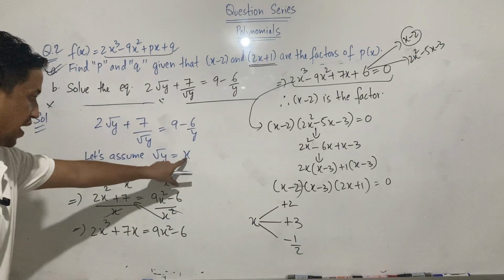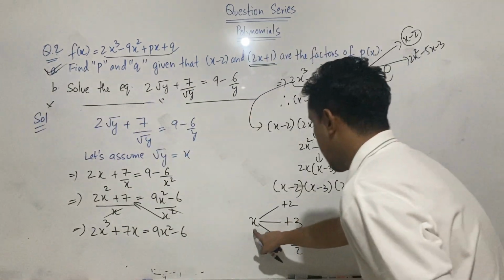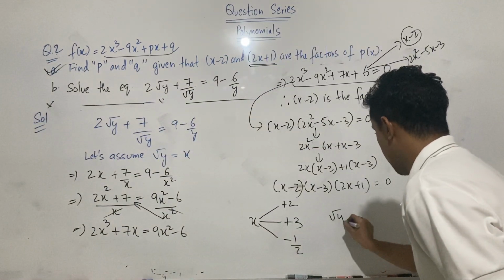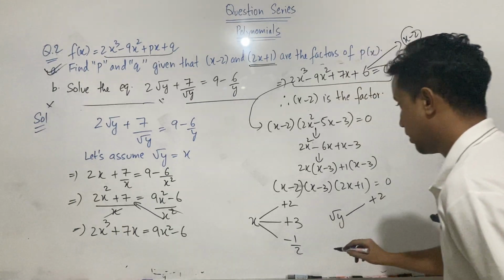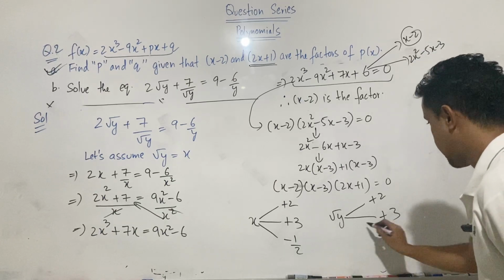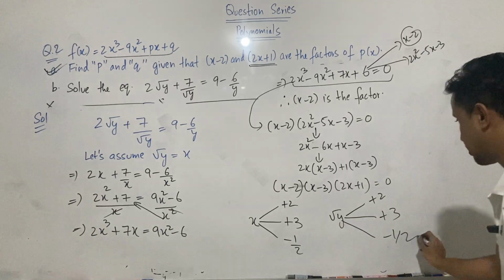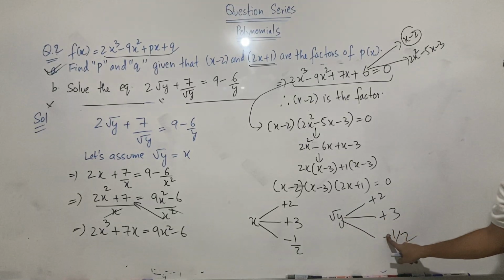This is x, so it means the square root of y is going to be plus 2, plus 3, and minus 1 by 2. Now see here, square root of y equals minus 1 by 2.